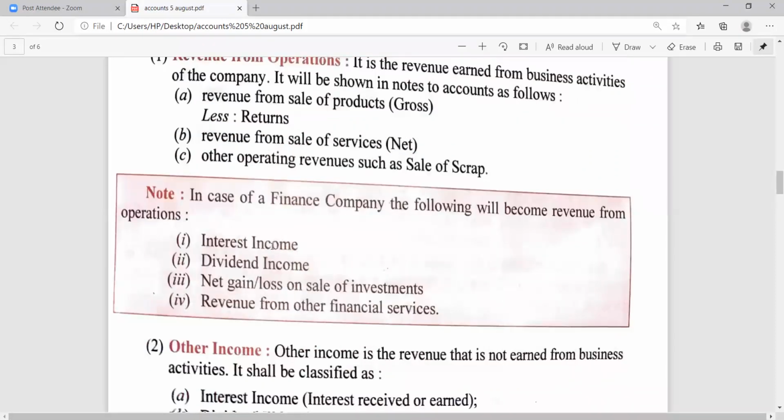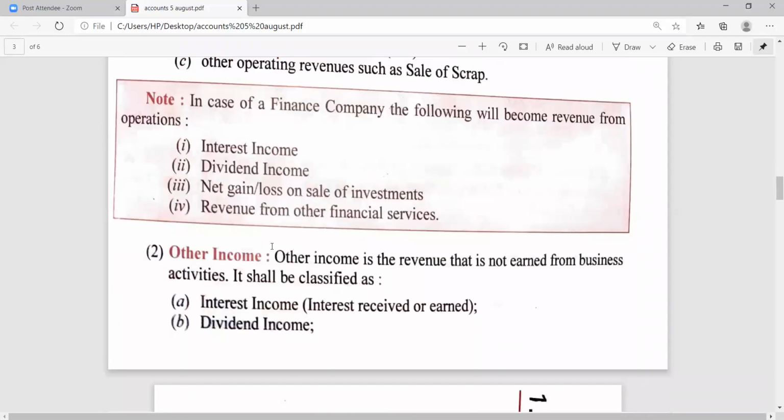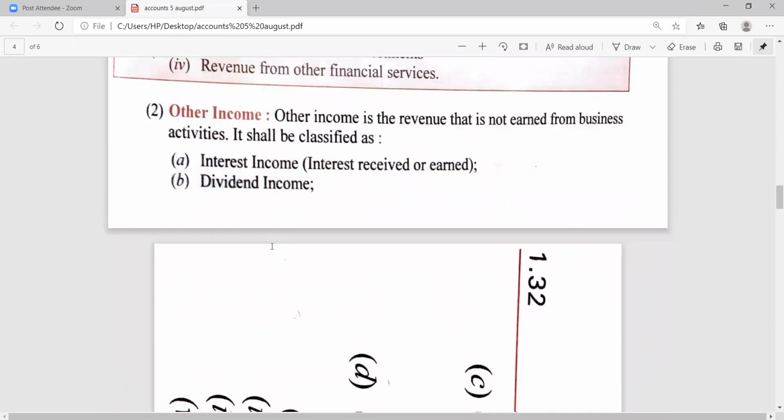Now, other income. Other income has interest income, and next is the dividend.